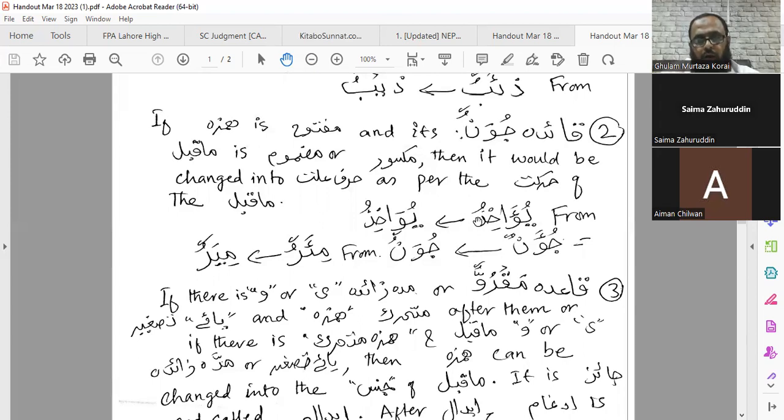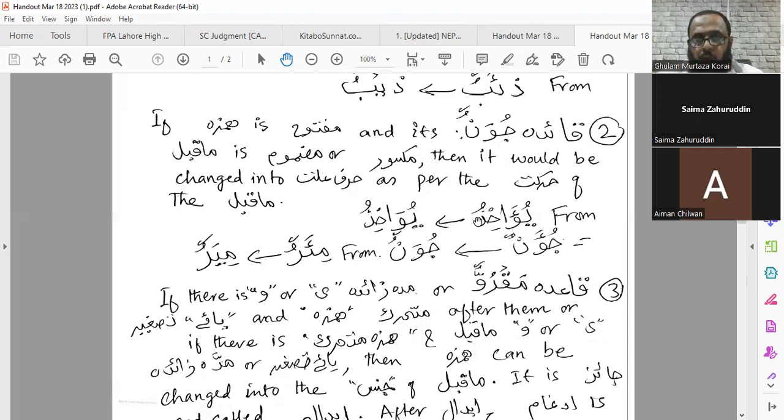Like yu'akhidhu. Hamza is mutaharrik and ma qabal is zamma, and hamza is maftuh. So because of ma qabal zamma, it is changed into waw, yuwakhidhu. From ju'anun, it is juwanun. From mi'arun, it is miyarun.